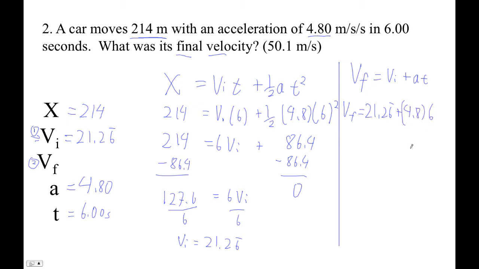All right, I'm going to do this. This thing's sitting on my calculator. It says 21.2666, so I'm just going to type plus 4.8 times 6, and I get 50.06 bar. Meters per second, right? Which would be 50.1 roughly, right?